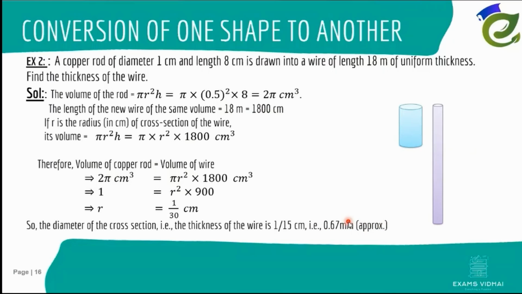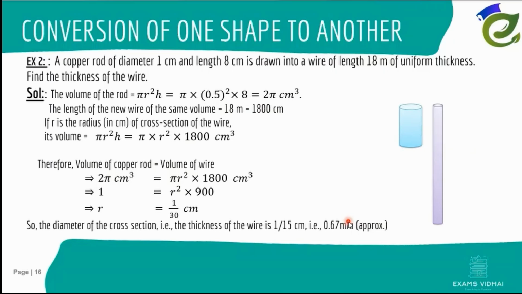So the conclusion we need to take from the question is the same as the previous question, that whenever an object is being converted from one form to another shape or acquiring the shape of another object, then volume remains the same.